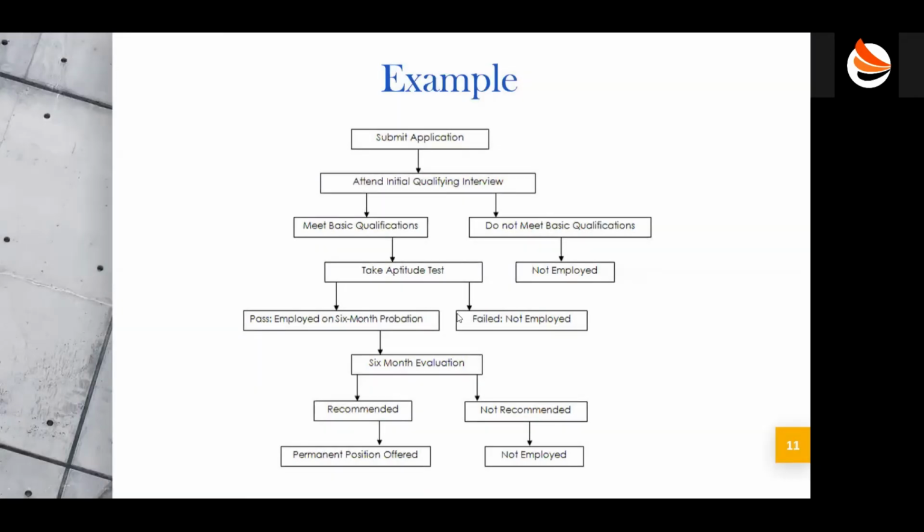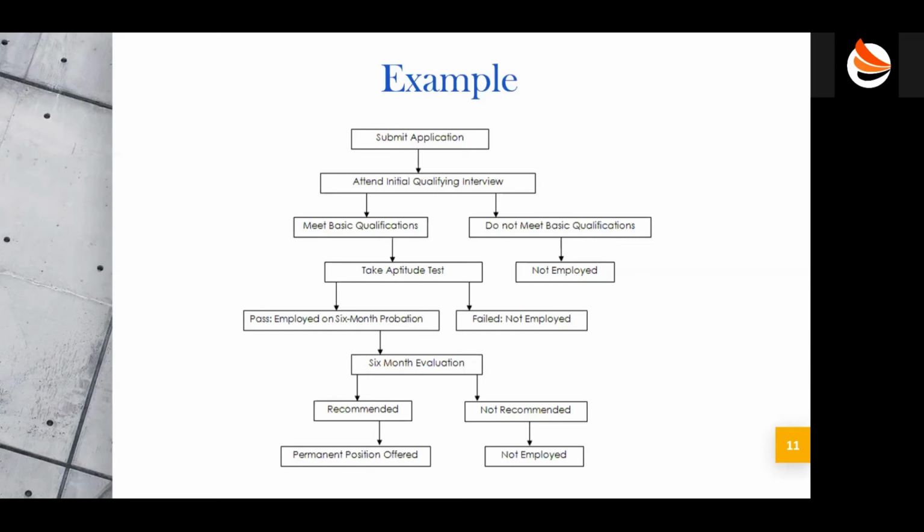Then this is another question, and this is focusing on levels in the hiring process. So you go from the very first to the last. Submission of application is the first, and the last stage is either permanent position offered or not employed.